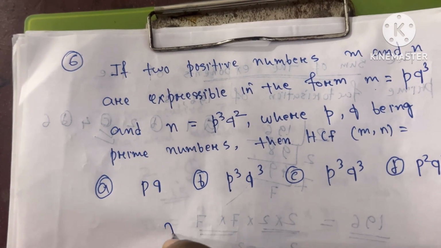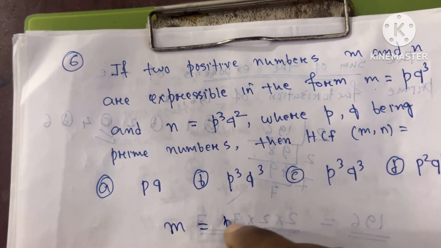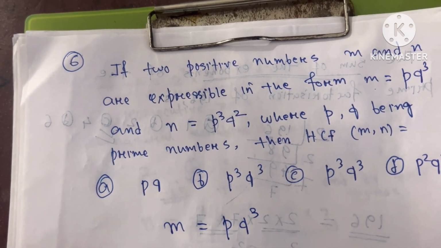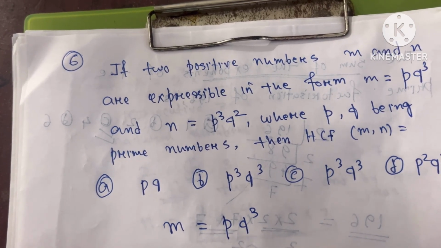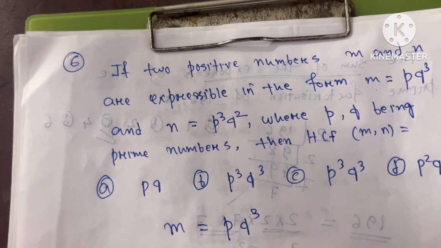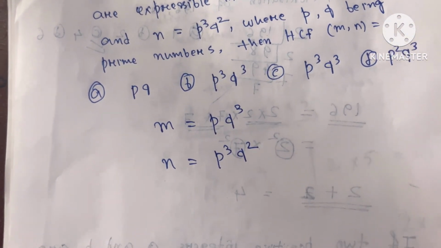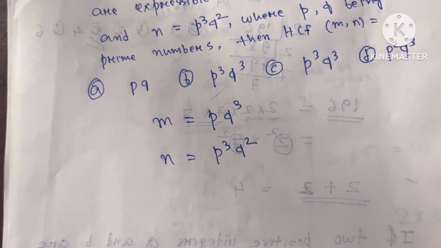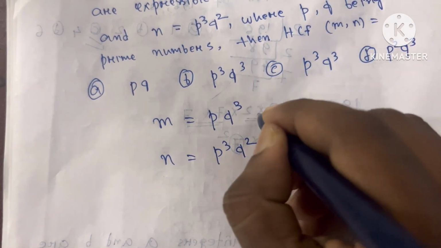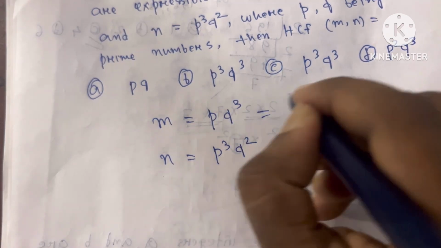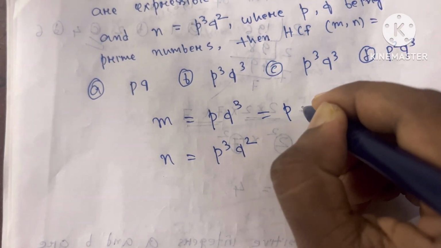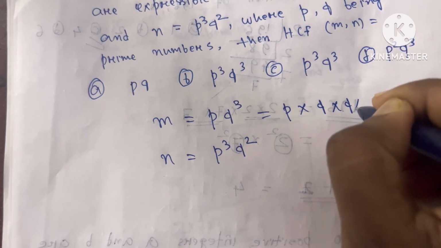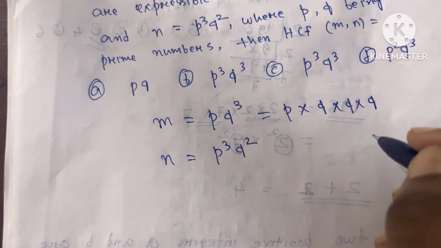Here the number m is p into q power 3, and the number n is p to the power 3 and q to the power 2. Here m and n are written in the form of product of prime exponents. You need to find the HCF by the direct method. First you have to factorize: p is p, and q power 3 means q into q into q, q multiplied by itself 3 times.